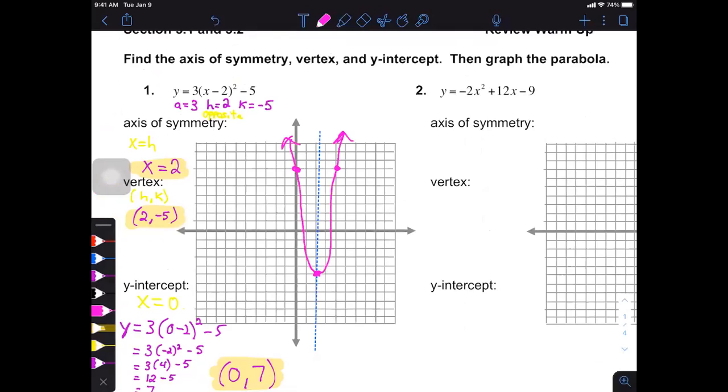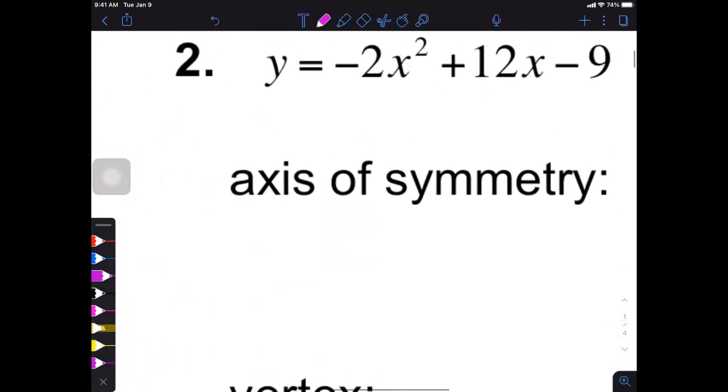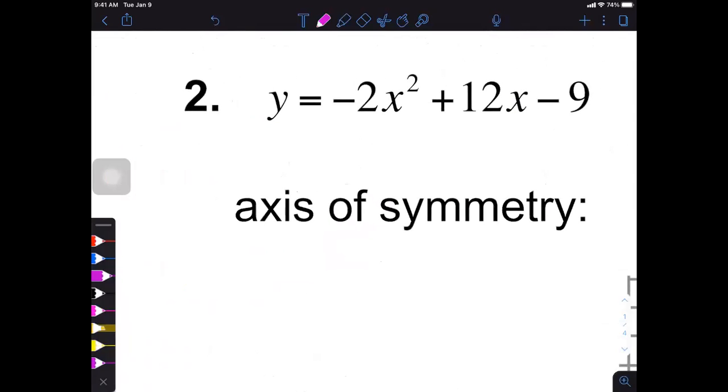The next one we're going to look at is the standard form. We haven't done this in a while, so I want to make sure that we're all on the same page for how to do standard form ones. This is where we pick out our A, our B, and our C. Jason, what is our A? What's our B?